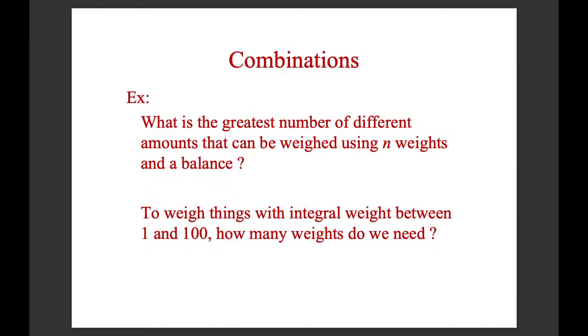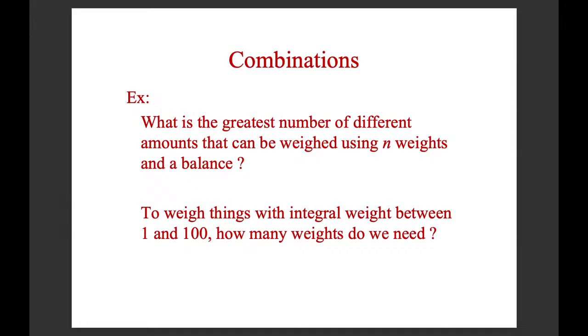I can measure 2 by putting 3 on the left hand side and 1 on the right hand side. I can also measure 3 because I'm just using the 3. And I can also measure 4 because I'm using 1 and 3 together. So using just 2 distinct pieces, I can measure 4 different possible amounts.